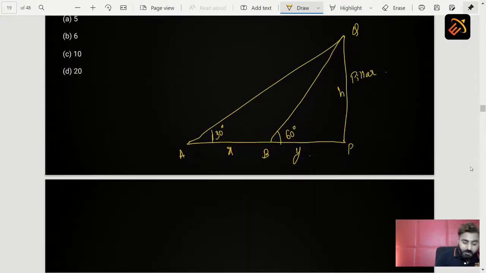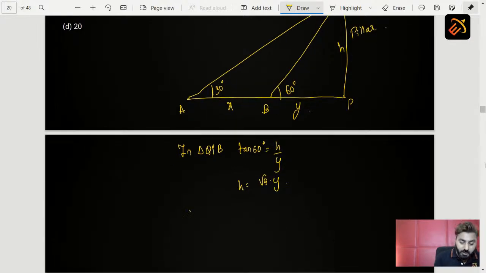Now, in triangle QPB, tan 60 degree is equal to h by y. So from this we get h is equal to root 3 into y. In triangle QPA, tan 30 degree is equal to h by x plus y.